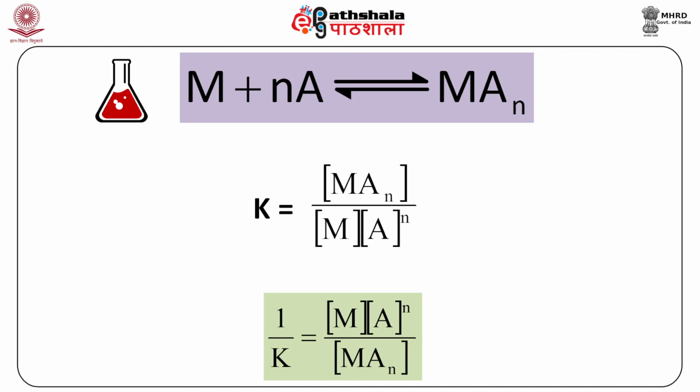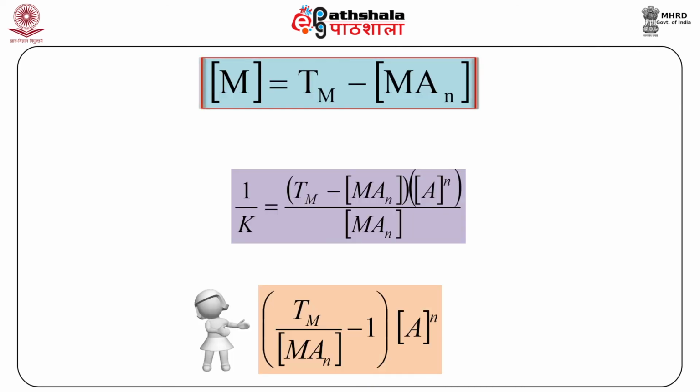Taking the reciprocal of the above equation, 1 upon K is equal to the concentration of metal M multiplied by the concentration of A raised to the power n divided by the concentration of MAn. Further, we also know that the concentration of metal M is equal to Tm minus the concentration of MAn.